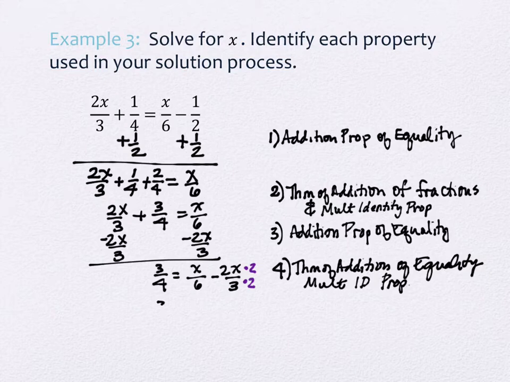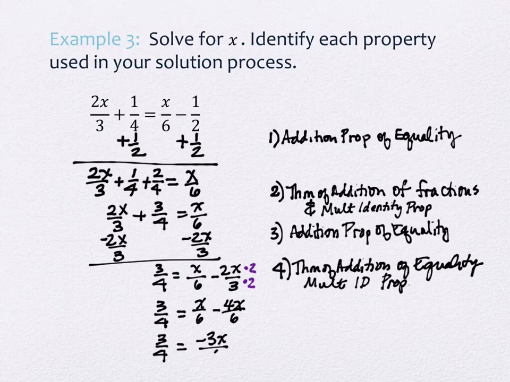I have 3/4 on the left equals, let's see, x over 6 minus 4x over 6, which gives me what? Negative 3x over 6, and we could actually reduce that, like you said, which is negative x over 2.